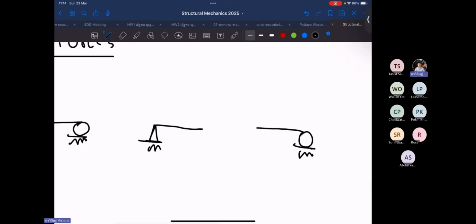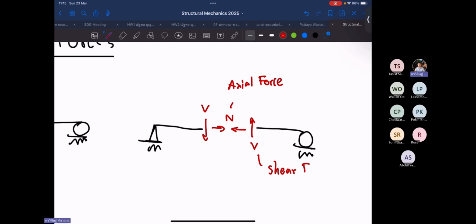This one includes the axial force, typically N, the shear force, V, and the bending moment, M.